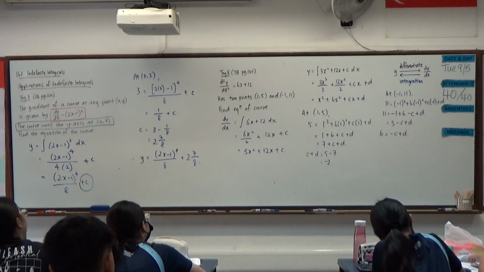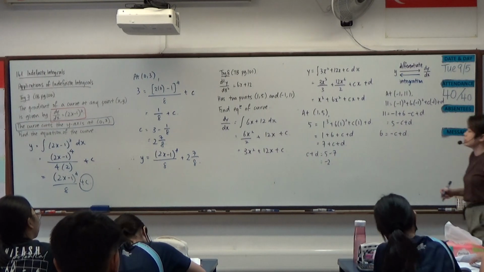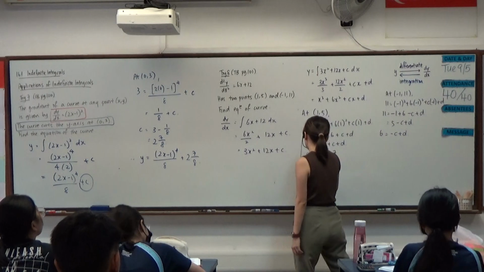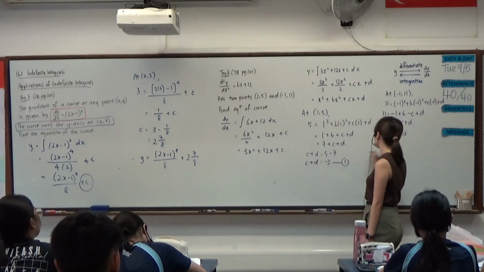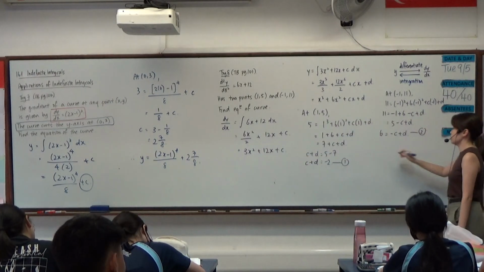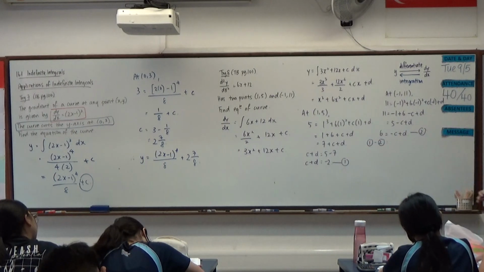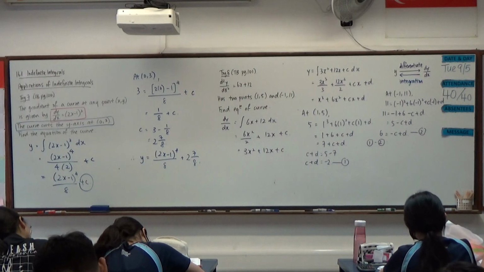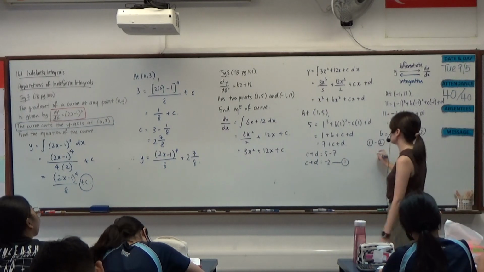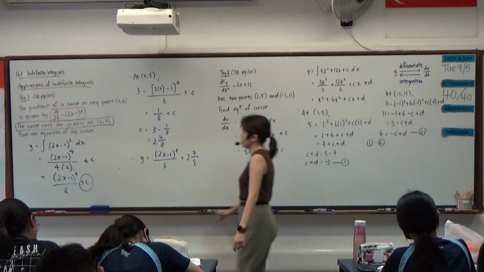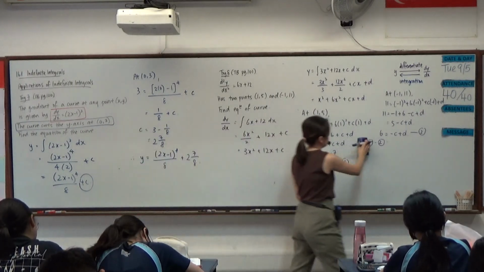It's completely up to you how you want to solve this pair of simultaneous equations. Either do it by substitution method or elimination method. Okay, so if I do it by elimination, I can eliminate away the d. So that will mean that we have to rewrite this.